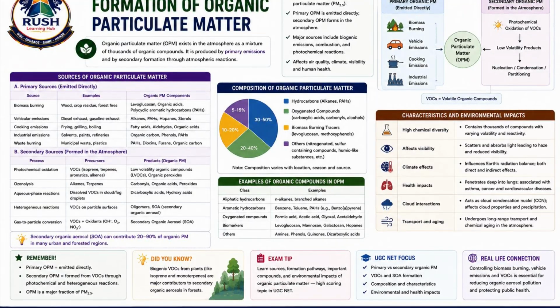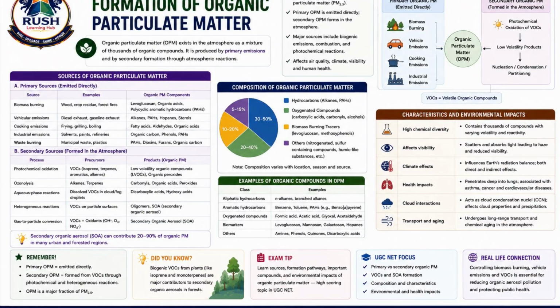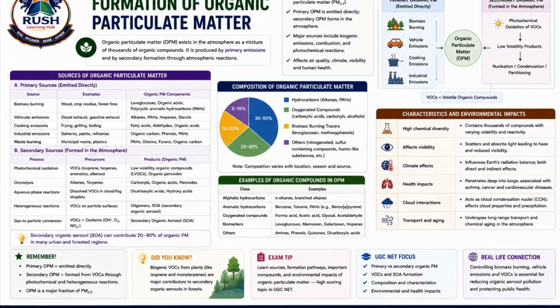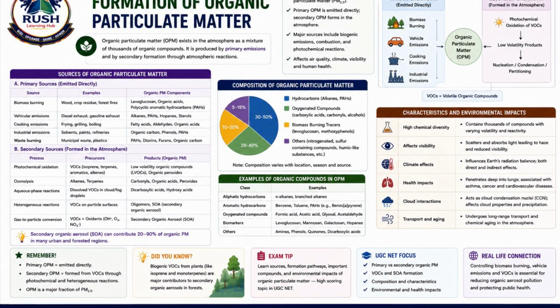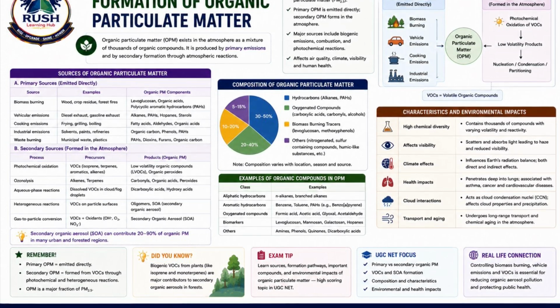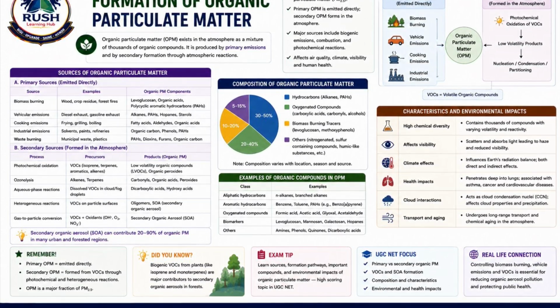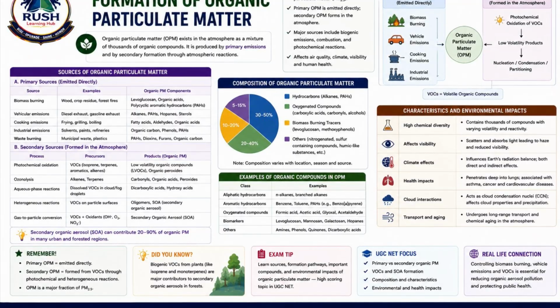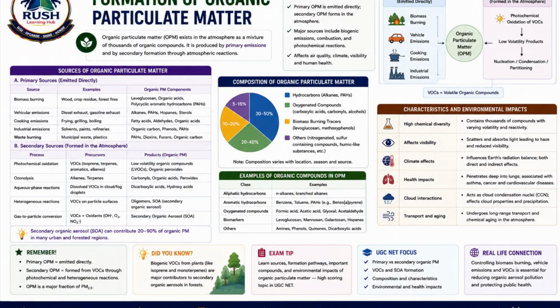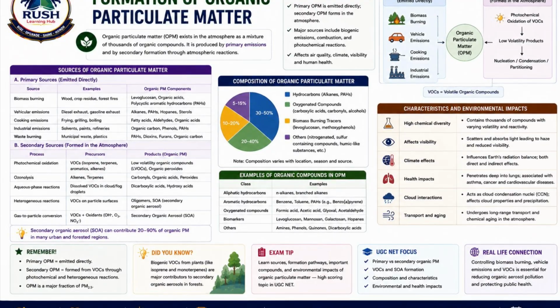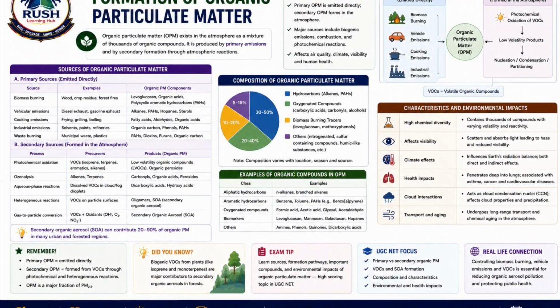Now let's examine the composition of organic particulate matter. The largest fraction typically consists of hydrocarbons, including alkanes and polycyclic aromatic hydrocarbons. Another major fraction consists of oxygenated organic compounds such as carboxylic acids, alcohols, aldehydes, and carbonyl compounds.